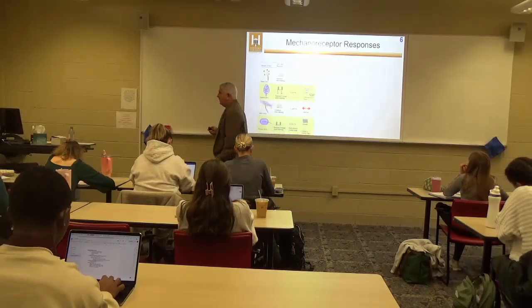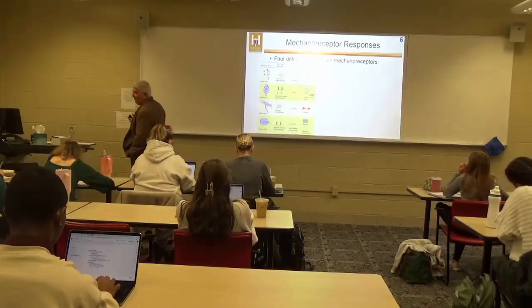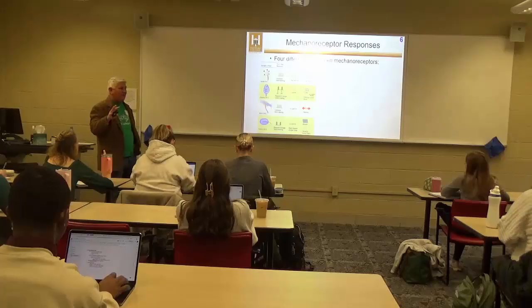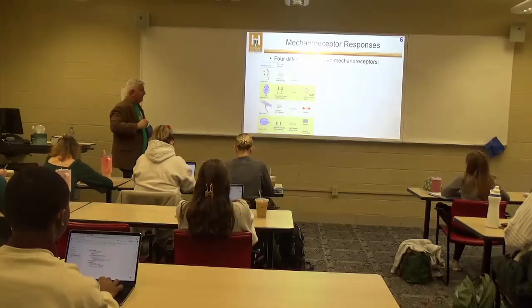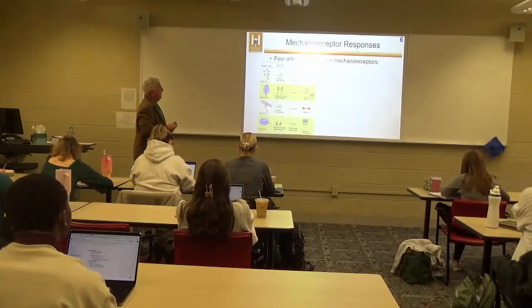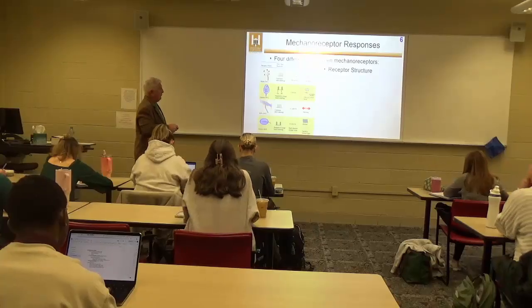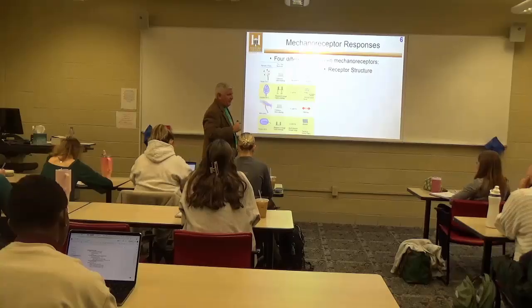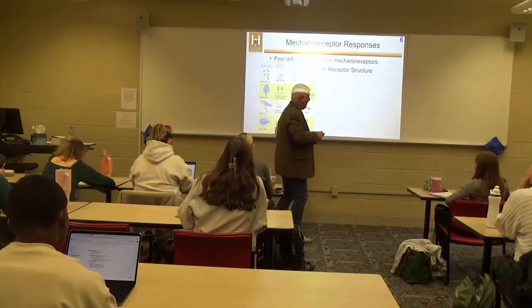All right, so there are 4 differences between the 4 mechanoreceptors. They do 4 different things. Okay? So the receptor structures are different, and that's going to allow them to respond to different types of stimuli, right?